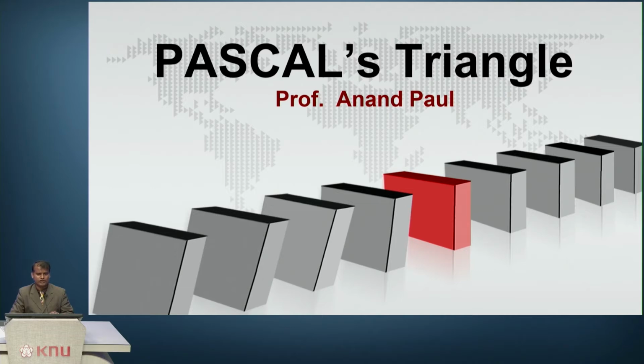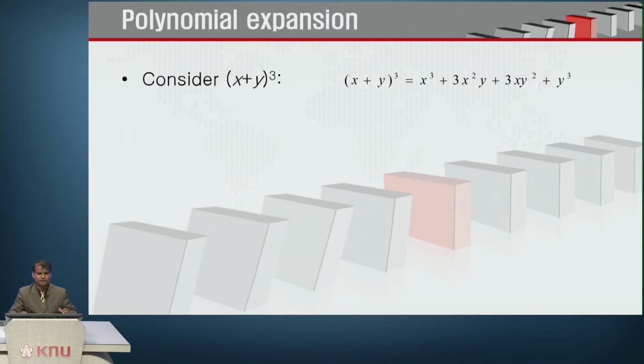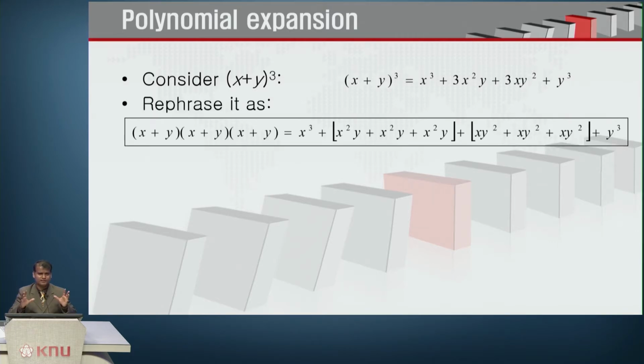Before I go in, I want to give you some background on Pascal's triangle. There are polynomial expansions that you might have studied. For example, (x plus y) cubed can be written as x cubed plus 3x squared y plus 3xy squared plus y cubed, and this is in fact the product of (x plus y) times (x plus y) times (x plus y).